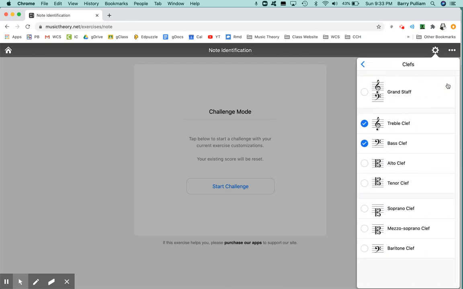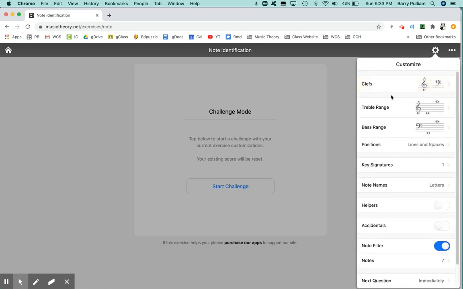Clefs. I want to practice treble clef and bass clef. Don't care about all these clefs. Don't worry about the grand staff. I just want to identify treble and bass clefs. Okay? Treble range.